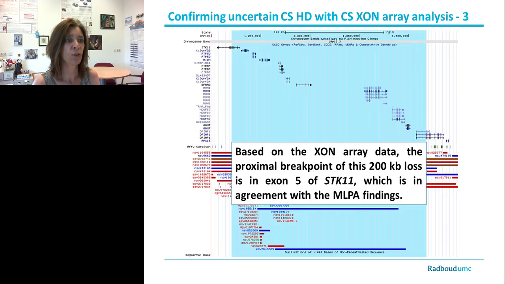This is zoomed in. Here you see the aberrant region detected by exon array. And as you can see on the left-hand side, the breakpoint is in the STK11 gene, and this is a 200 kb loss in exon 5. The breakpoint is in exon 5 of this gene, which is in agreement with the MLPA findings.